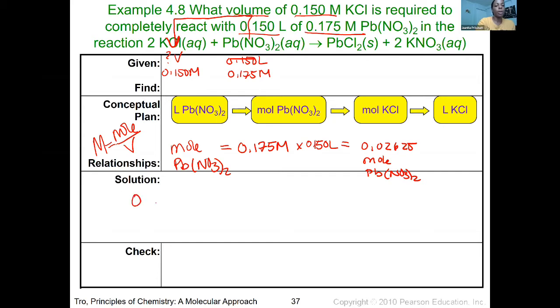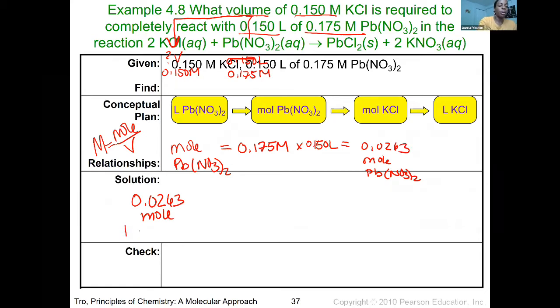So 0.0263 moles, we're just going to round that up here, of PbNO3, 2.